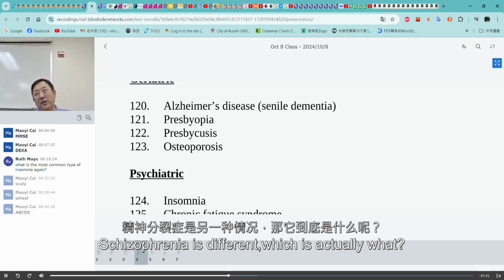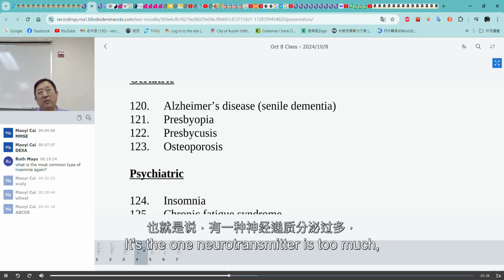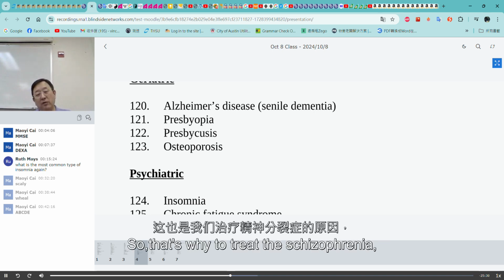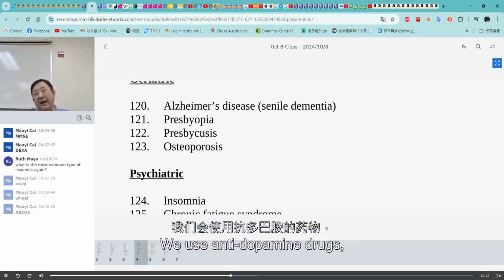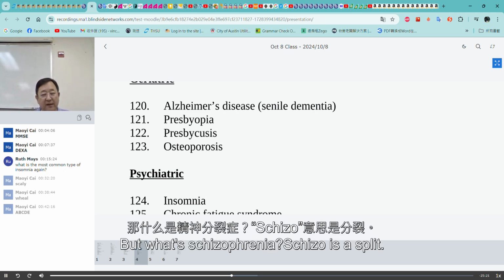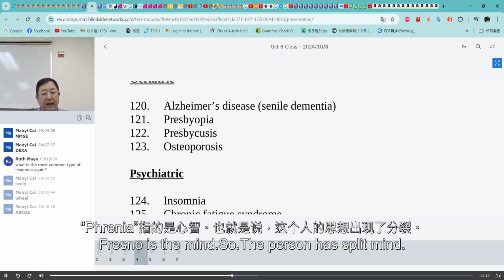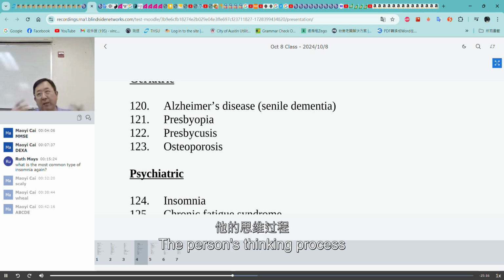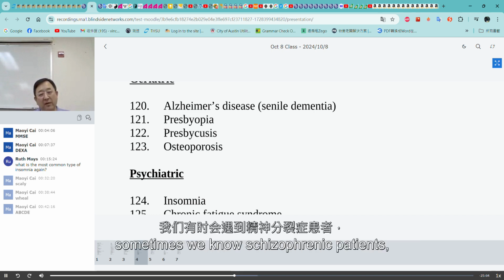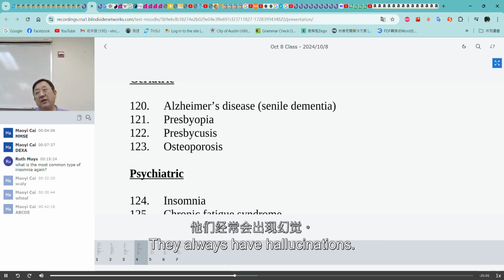Schizophrenia is different. It's the one where a neurotransmitter is too much, overactive, hyperactivity, dopamine, too much. So that's why to treat schizophrenia, we use anti-dopamine drugs, trying to block the dopamine receptors. But what is schizophrenia? Schizo is split, phreno is the mind. So a person has a split mind. The person's thinking process is different from reality, so they believe in something which is actually not real. That's why schizophrenic patients always have hallucinations.